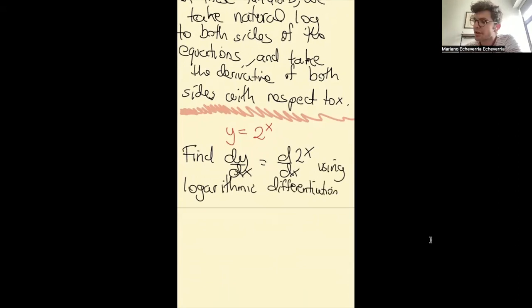The strategy is to take natural log of both sides of the equation. The left side becomes natural log of y, and the right side becomes natural log of 2 to the x.